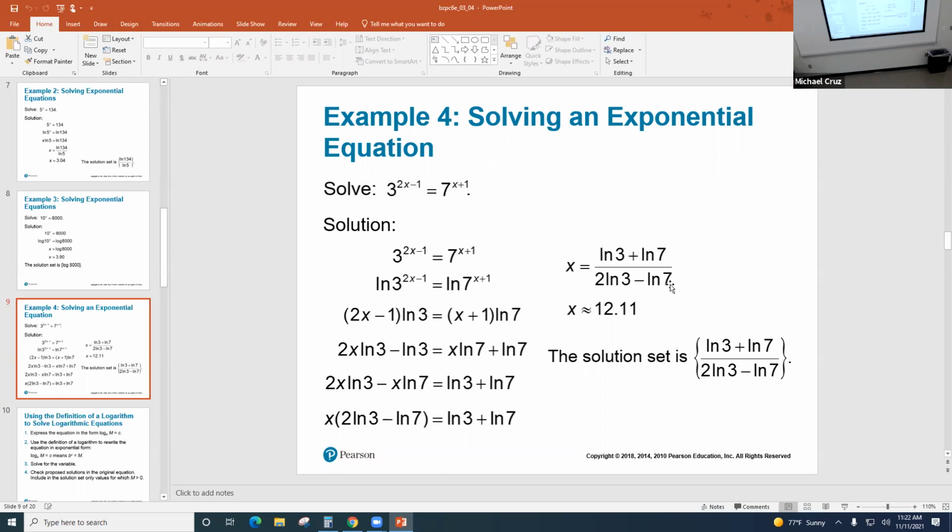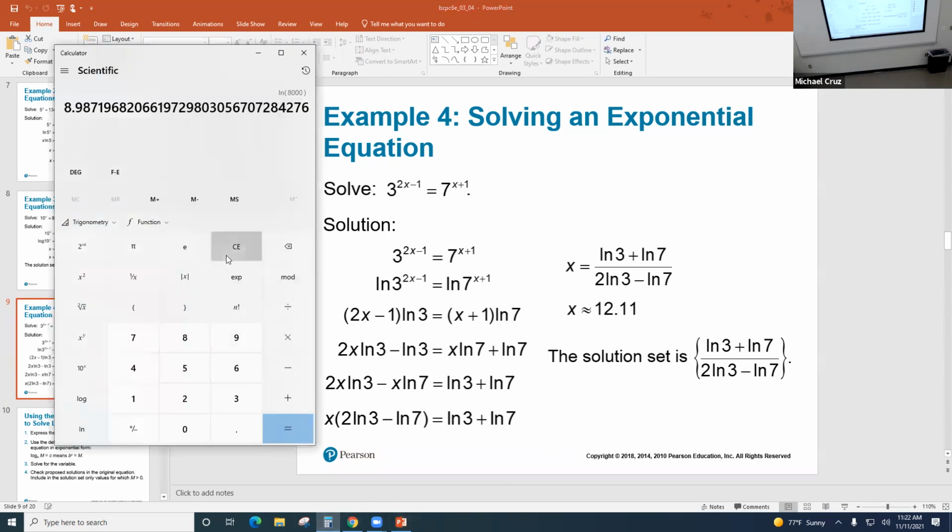And if you're using a general calculator that doesn't have parentheses, like this one, the best way to proceed is to do the denominators first. It's just a pain in the neck on a regular calculator. If you've got one that's got the parentheses, that's easier. So 3 ln times 2 minus ln 7.